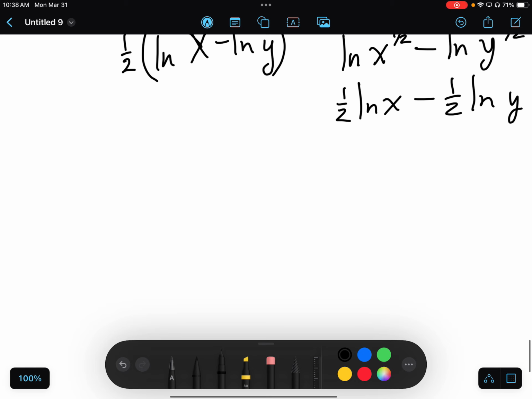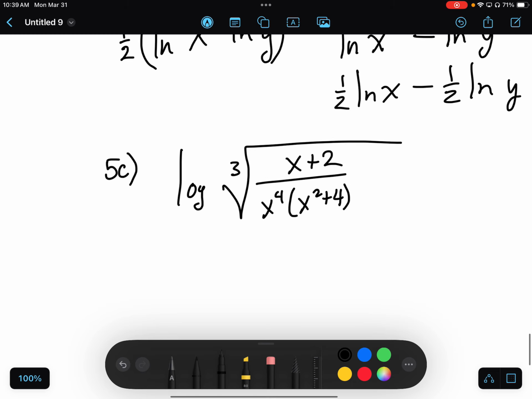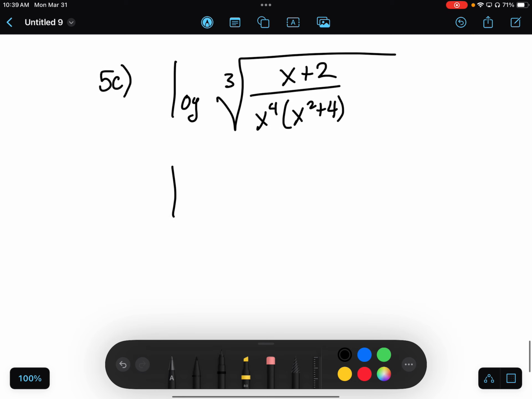And then 5C. Cube root. So the first thing I'm going to do is change that to the 1/3 power.